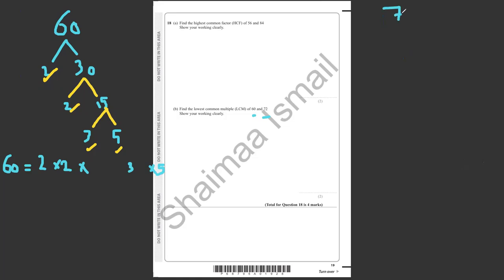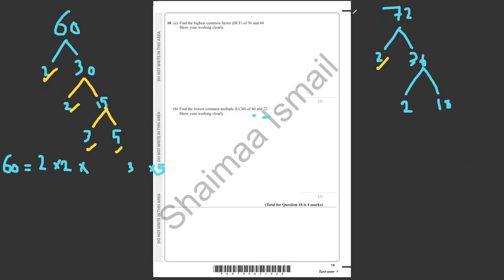So what we do, we get the 72, cut it into two numbers, with at least one prime number. We start with 2, it's an even number. Mark the prime, so half of 72 is 36. Okay, cut this number into two numbers, which would be 2, as it's an even number, and 18.